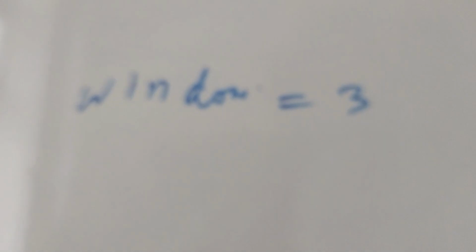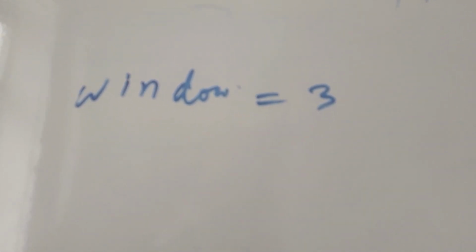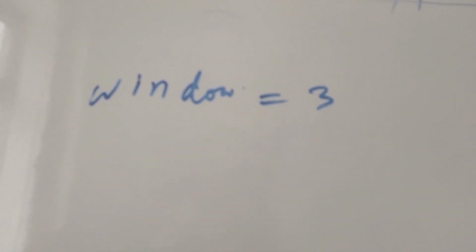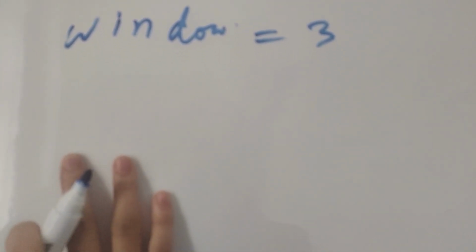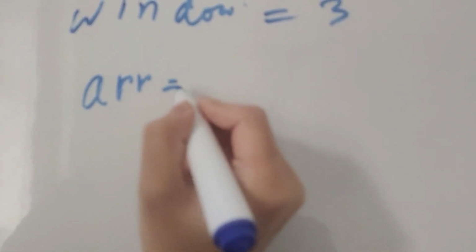The fundamental idea is that we move one step or two steps every time to see what our moving average is going to be. Let's say the window size of our moving average is going to be 3, and then we have an array.